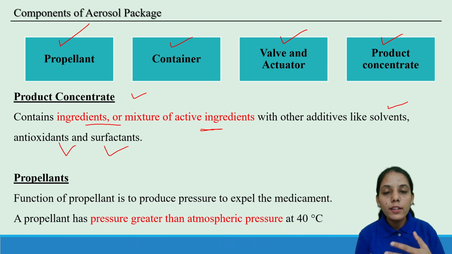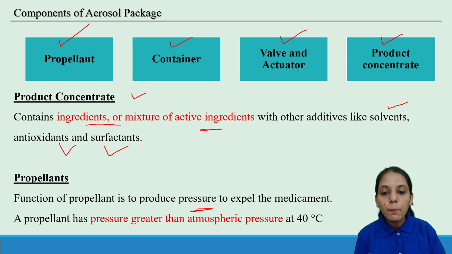Next is propellants. Propellants we have discussed. It is to produce the pressure. It gives some pressure to expel the medicament. Whenever you press the nozzle, certain pressure is required so that the active medicament will come out. So this necessary pressure is given by propellant.